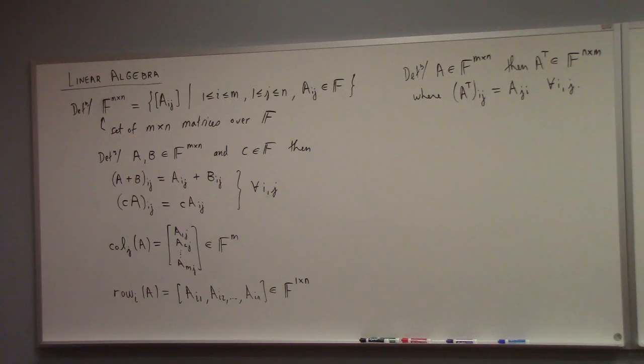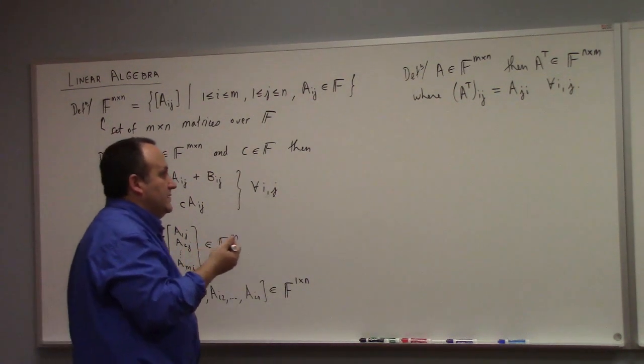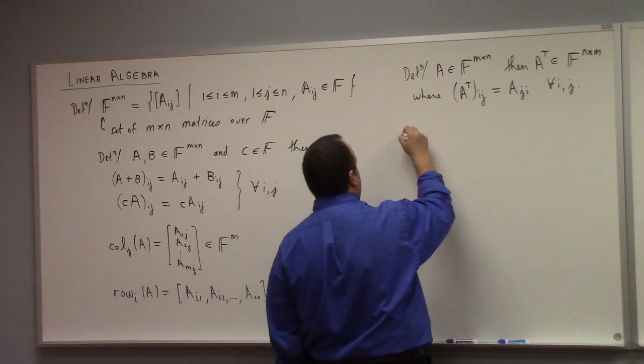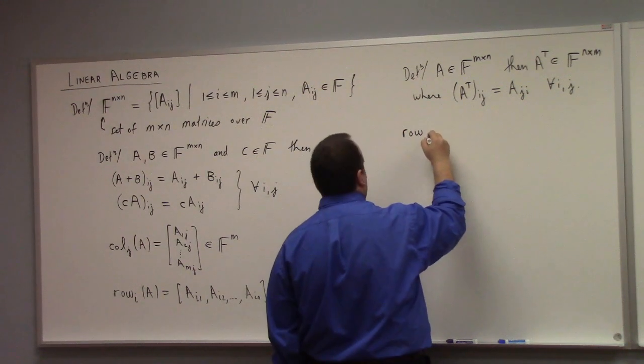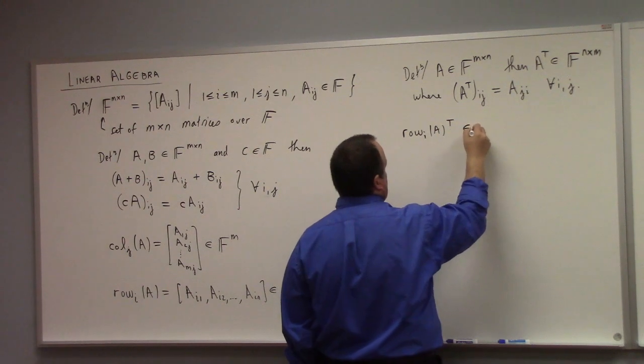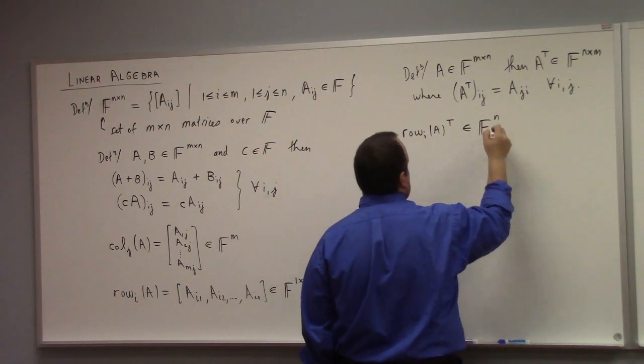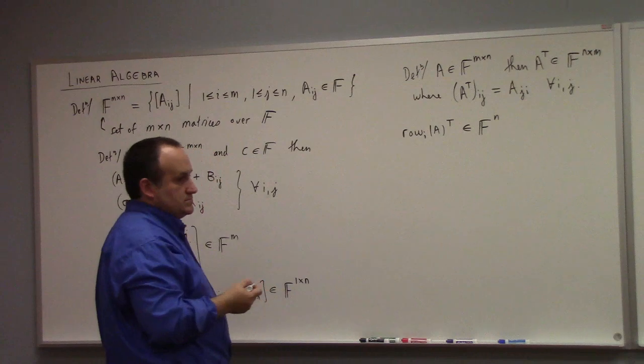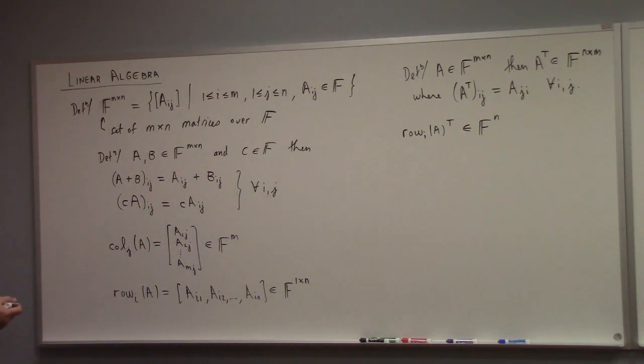And with that notation introduced, we can say that the ith row of A transpose would be an element of F^n. That's important because when we define matrix multiplication, we end up taking dot products of rows and columns, so they have to have the same size.